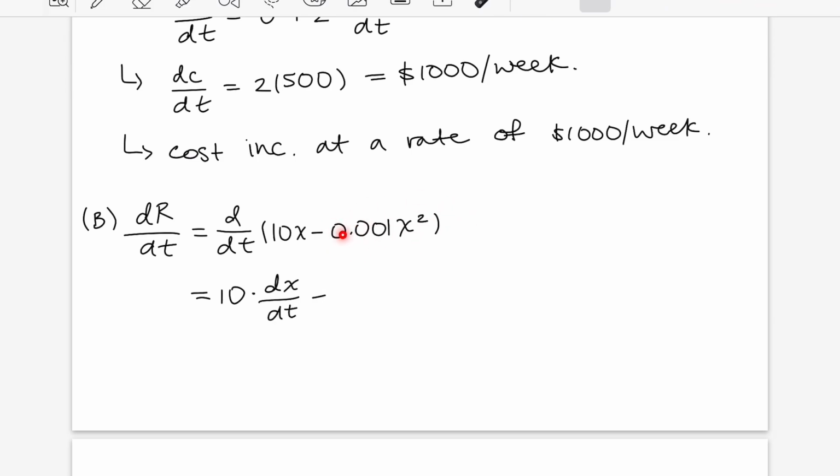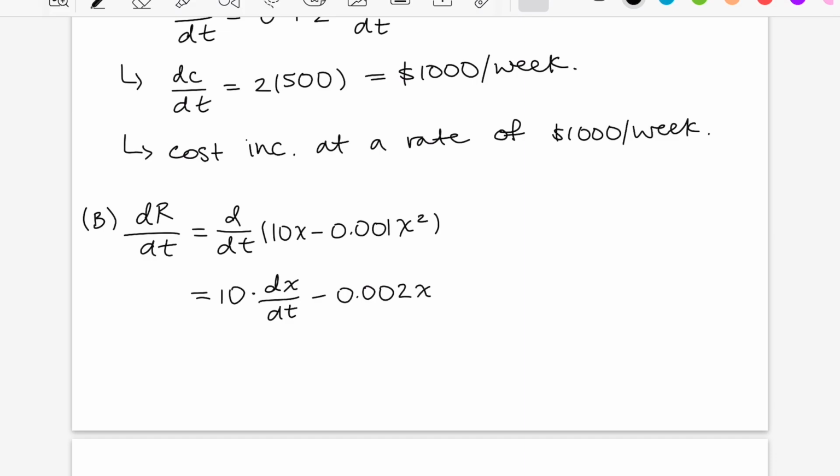Then here we're also going to do chain rule, remember, because we have a function, x of t, inside our power function. So first we'll take the derivative of our outside function, so this 2 will come down in front and multiply this 0.001. So that'll be 0.002.